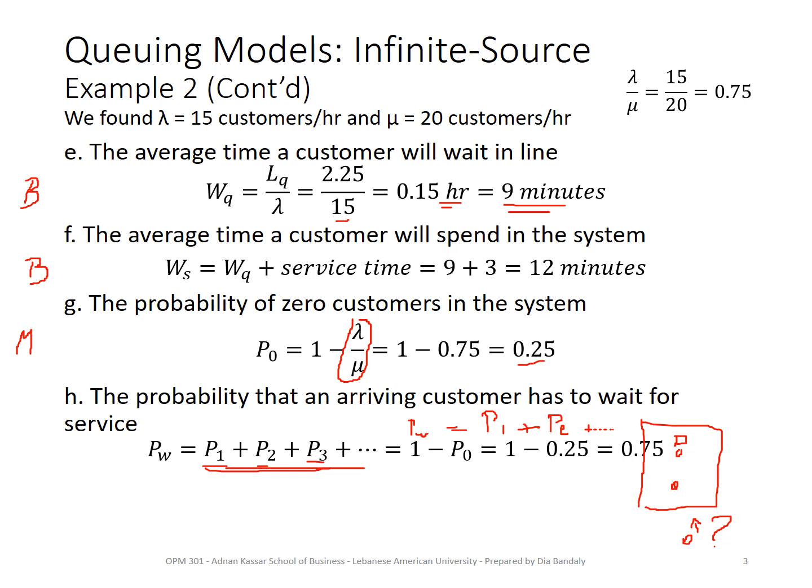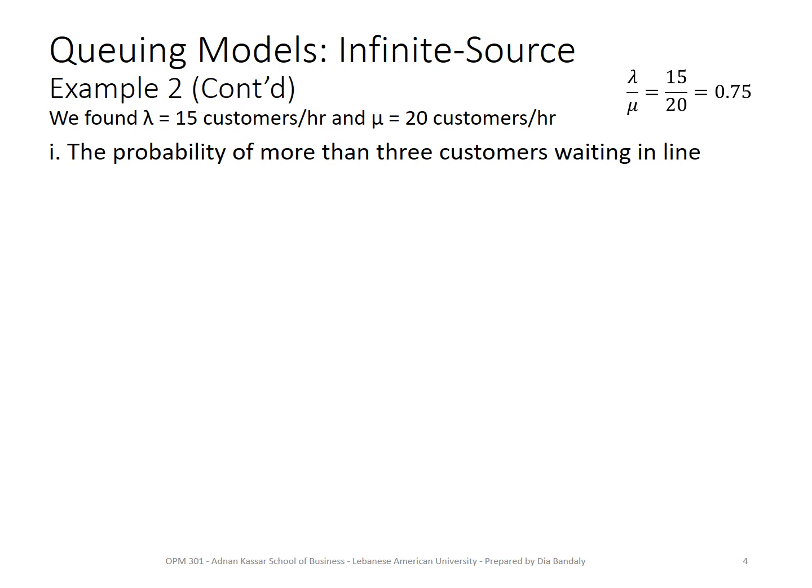So all these probabilities together equal 1 minus the probability of the remaining case. So that's 1 minus P0, which is equal to 0.25. So the probability that I will wait is 75%. I hope that was clear for you. I kept the last, or the hardest, question for the end.